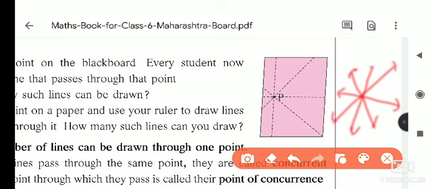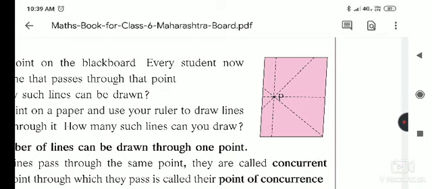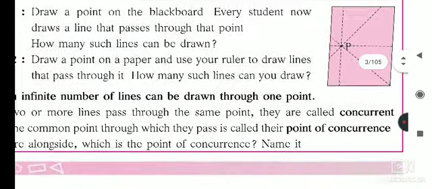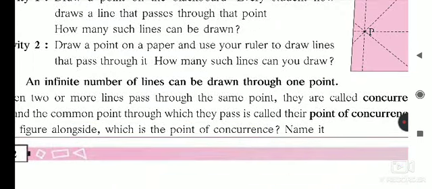And after that I told you, this point is called the point of concurrence, and all these lines are called concurrent lines. That we saw yesterday, and I told you to write the definitions.